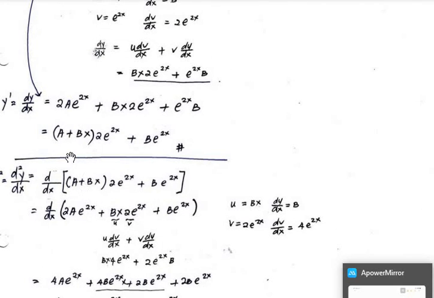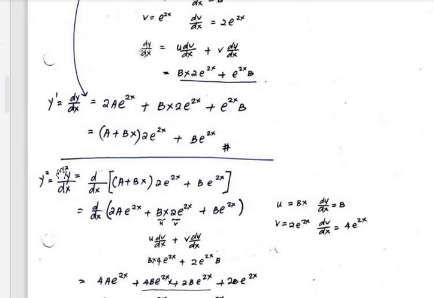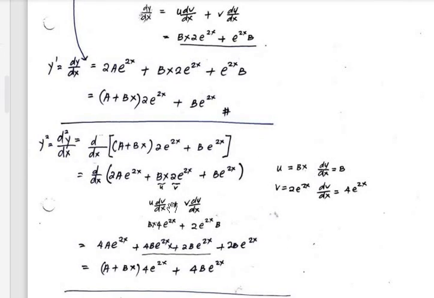And then after the first order, you do the second order. You differentiate this whole thing. Again, you have bx e^(2x) here, you cannot differentiate directly. Again, you assume u is bx, then du over dx you get b. v is 2e^(2x), dv over dx is 4e^(2x).